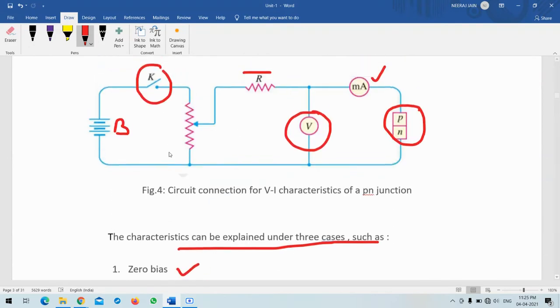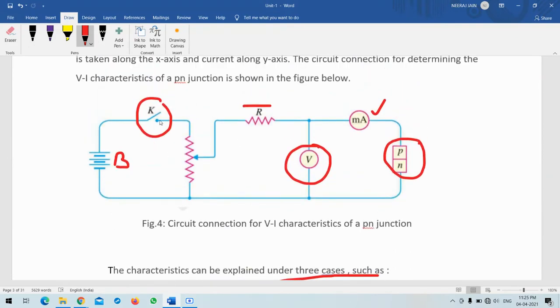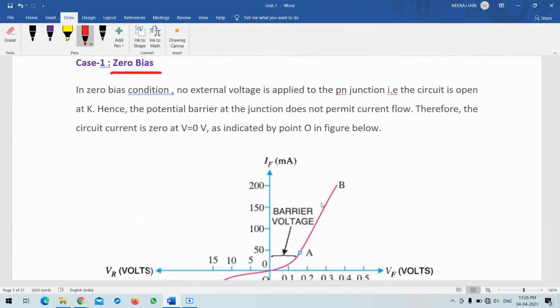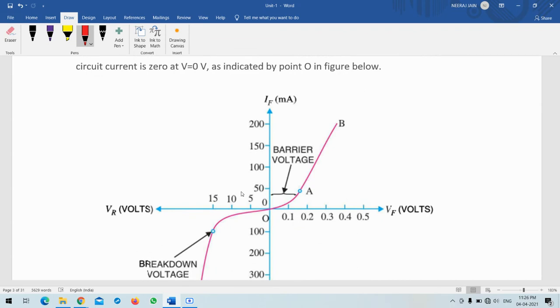In this circuit, when no voltage is applied, the K is open. So current charge carriers will move due to the environment temperature only. When zero voltage is applied, the current will also be zero, as shown at this point O.